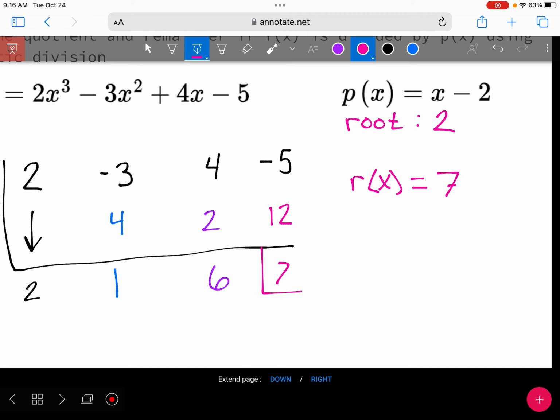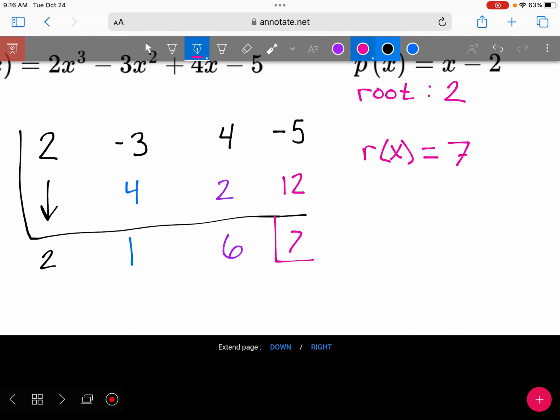The quotient, our q of x, these are our coefficients down here. We're going to have our constant, this is our linear term, or just x, and this is our quadratic term, x squared.